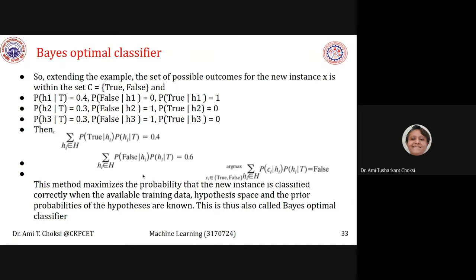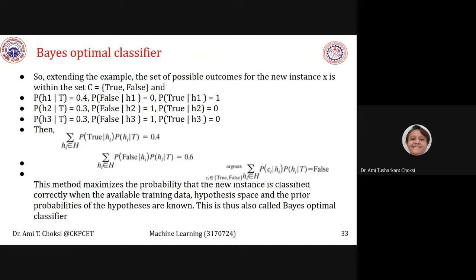Now we need to find, based on the product and summation, both the cases, that is for true and for false, and after that we'll take the maximum probability, that is the argmax, isn't it? And argmax says that the true probability is 0.4 and the false probability is 0.6.